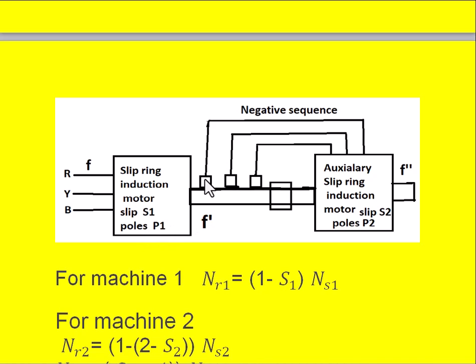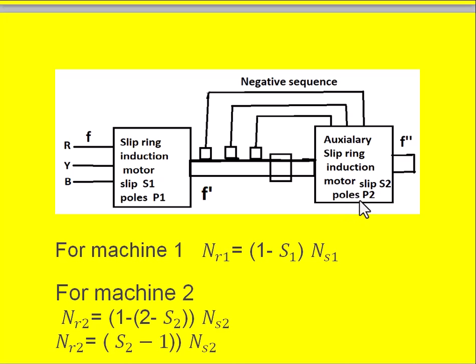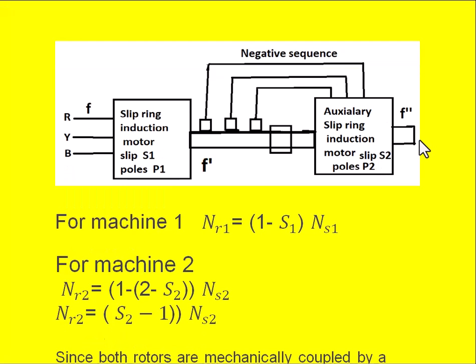The slip rings of machine 1 give the supply to machine 2 like this, that is negative phase sequence supply, and machine 2's slip is S2, the number of poles on machine 2 is P2, and the induced EMF frequency of machine 2 is F double dash.